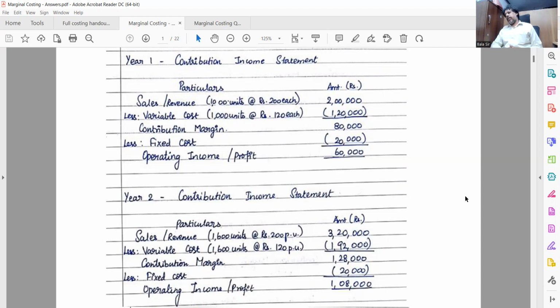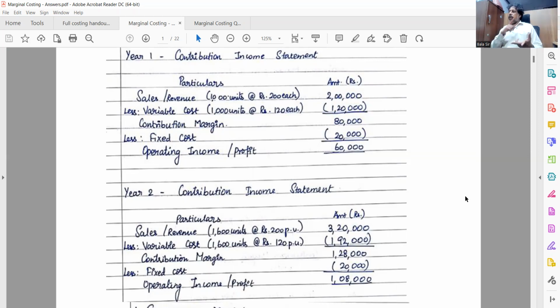Now year two. Yes, sir. Year two contribution income statement, particulars and amount column again. Sales or revenues, 1,600 units at rupees 200 per unit, 3 lakh 20,000. I assume that 1,600 units are sold in year two. Less variable cost, 1,600 units into rupees 120 per unit, which works out to rupees 1 lakh 92,000.